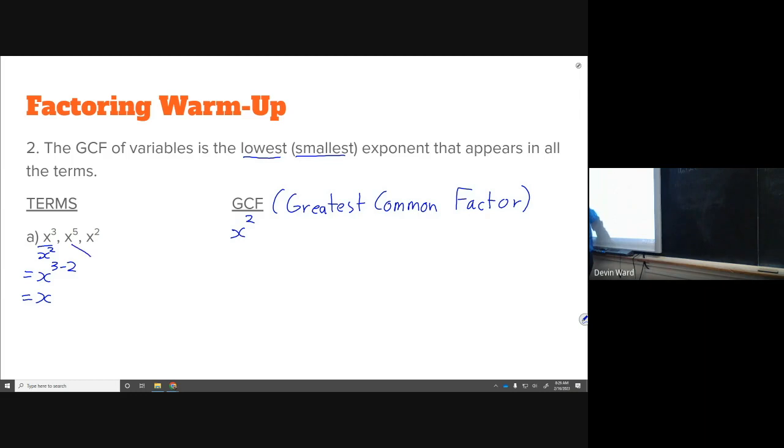So if we did x to the power 5 divided by x to the power 2, we get x to the power of 5 minus 2, which would be what? x to the power of 3. Perfect.